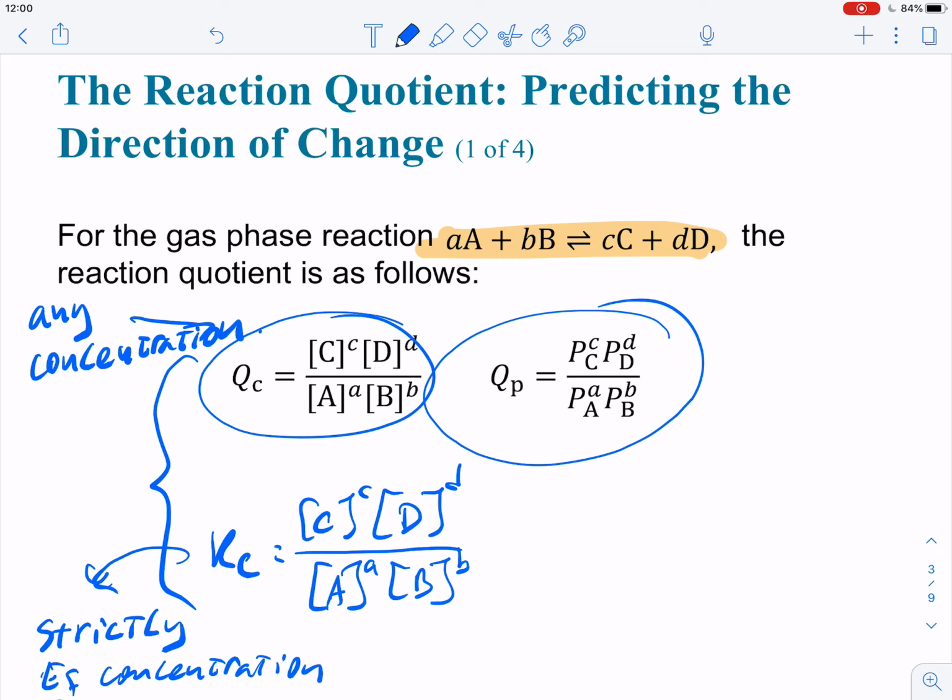So whatever value you are calculating here, if you don't know that they are equilibrium concentrations, you cannot assume that the calculation is giving you the equilibrium constant, but a reaction quotient. That's the main difference between those two, but mathematically they look absolutely the same. It's the same equation. It's just what values for concentration you are plugging into those equations.